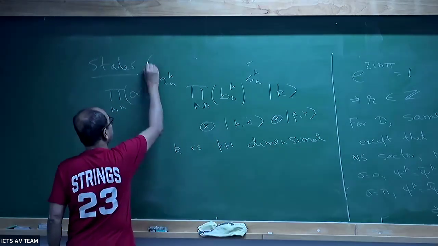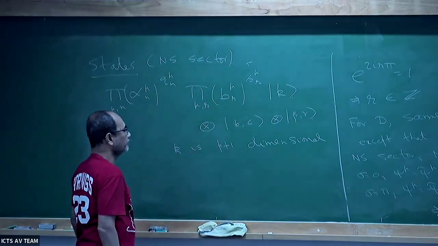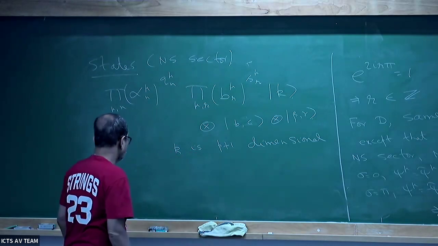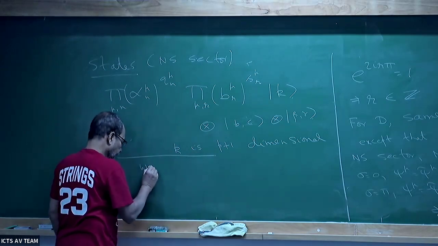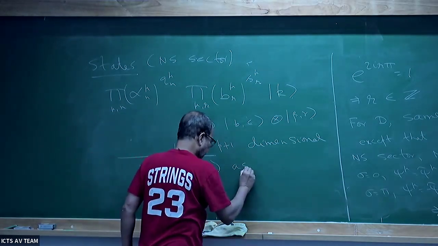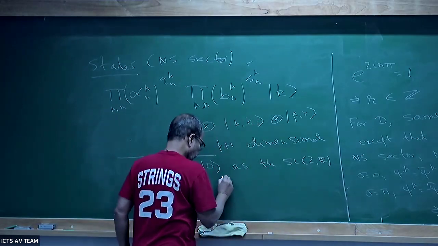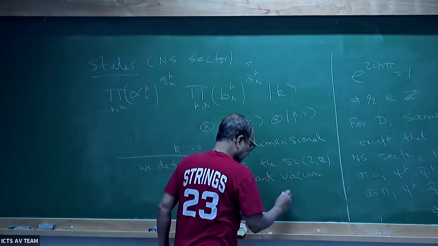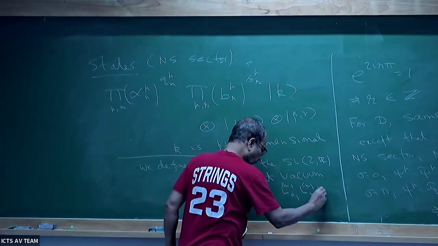This is an NS sector. In the NS sector, you build the states; we define k as the SL2 invariant vacuum, which basically means that L_0 and L_plus-minus 1 on the vacuum is 0.